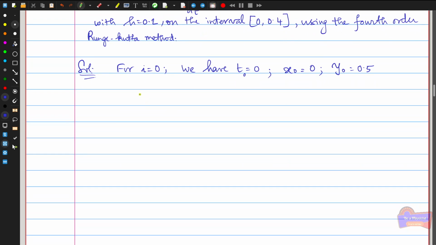Okay. First, we are going to find k11. So k11 is equal to h into the function of t0, x0, comma y0.